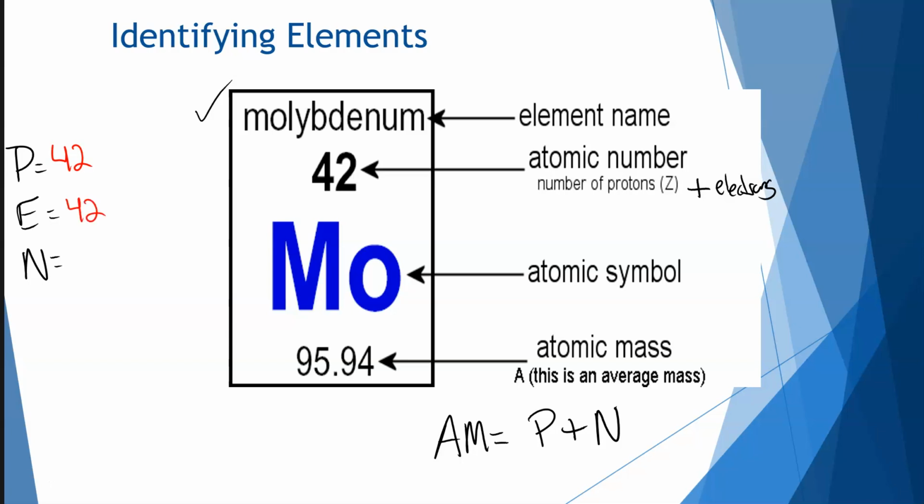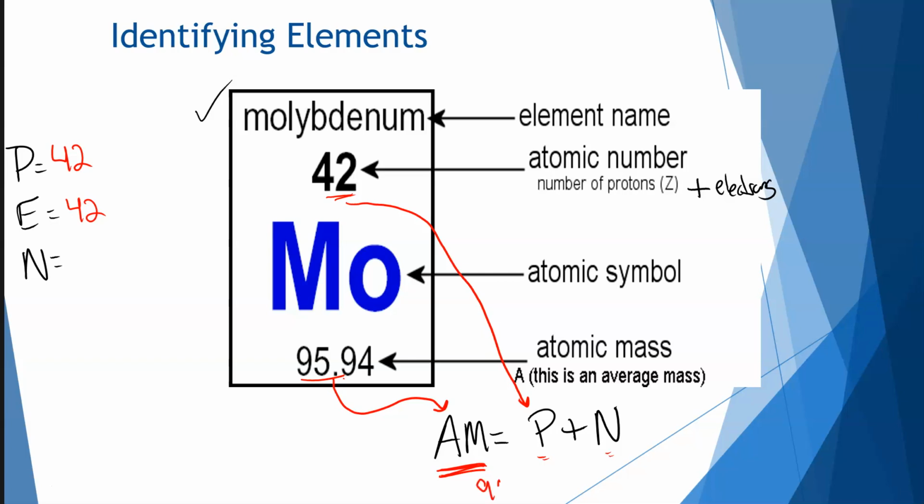Neutrons, that's where it gets tricky. You have to tell yourself that atomic mass is the number of protons plus neutrons. So now we just do some math, plugging and chugging, and see what we know. I'm giving you the atomic mass. You're going to put that number there. I'm also telling you the atomic number, which contains the number of protons. You're going to put that value there. So realistically, you're going to have 95.94, which again we said we would round up.